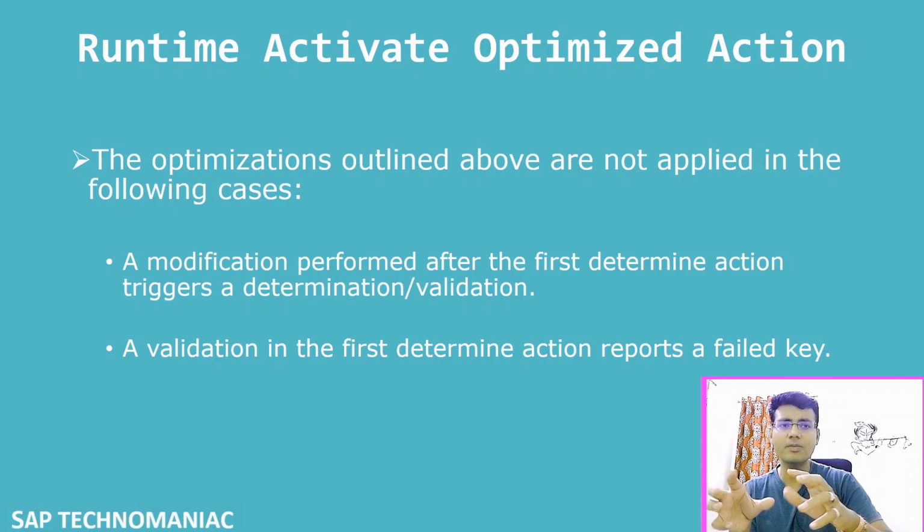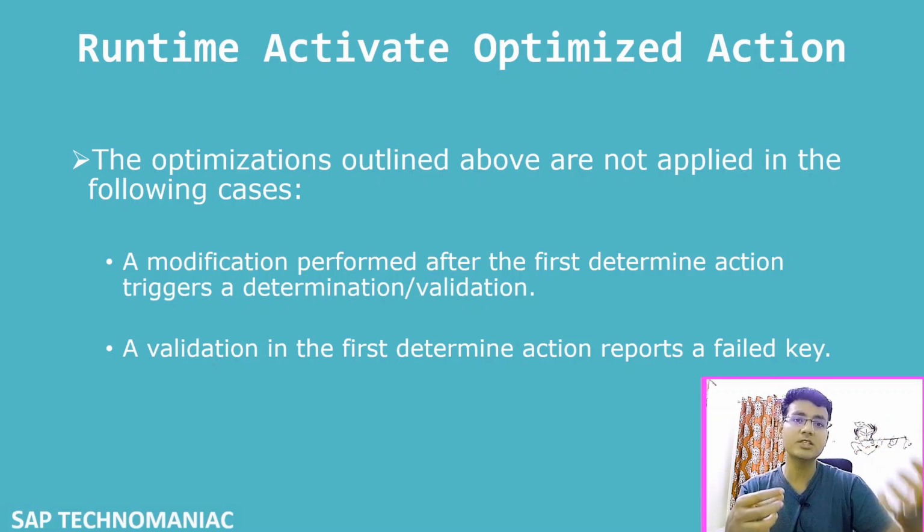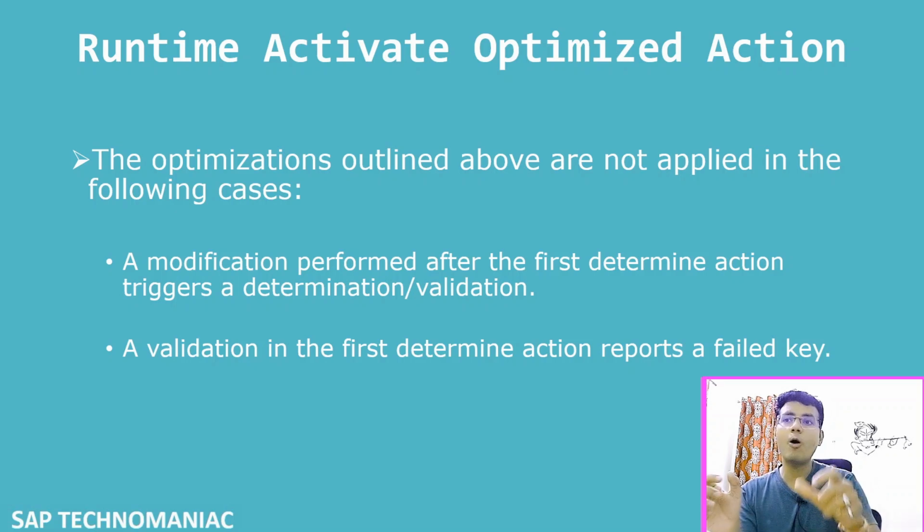This is because SAP wants your data to be consistent before saving to the database, so they want to make sure of that. So if after the first determination you make some changes, or during the validations you got some error, then those determinations and validations will also be called on the active instance, and this optimization will not work. So this is how activate action optimized can be utilized to avoid multiple calls on the determinations and validations.